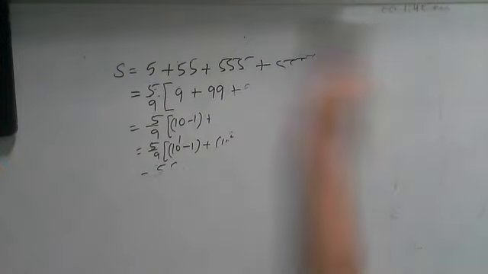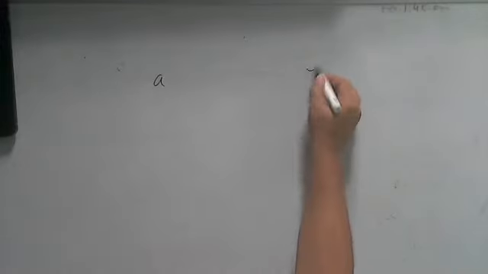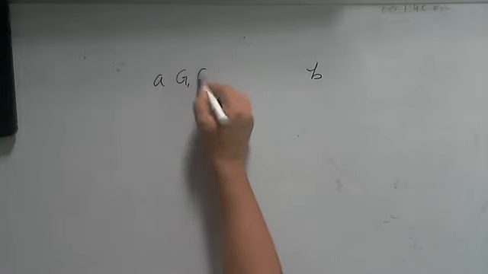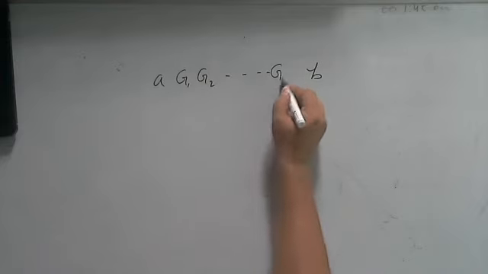After that we have geometric mean. I have just told you arithmetic mean. Now we have geometric mean. Let us straight away start the question of geometric mean with a little proof. Suppose we have two numbers a and b and we have to insert g1, g2 and so on, gm.